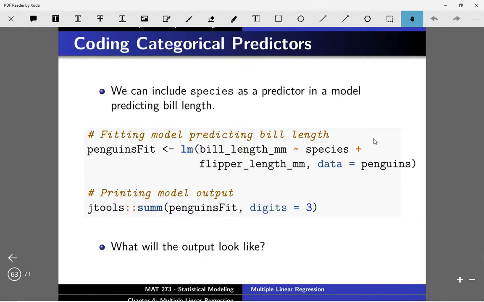So we fit this regression model where we're predicting bill length. We're going to use just species and flipper length, where there were 3 different species, by the way. Again, we can think about how this regression output will look. What will be the predictors that are listed in the regression output here? We know we're going to have flipper length, but what's it going to look like for species?